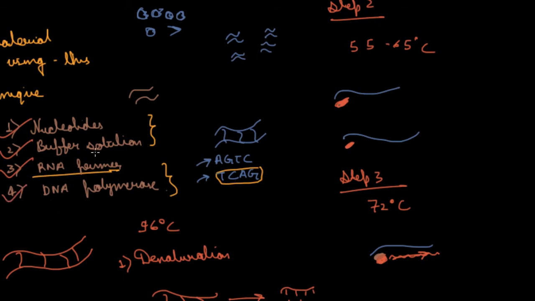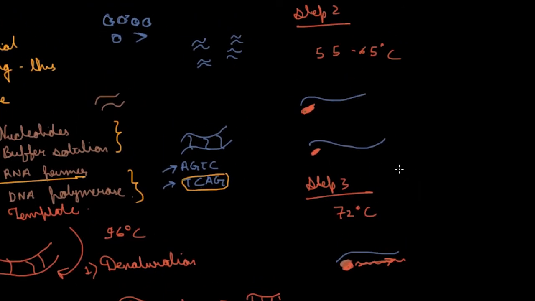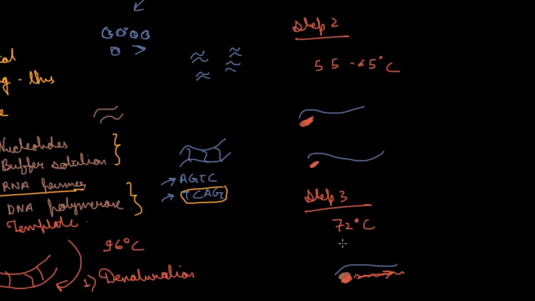And one important thing, we also require a template. Template means the DNA sample or the gene which we want to amplify. So these are the requirements for PCR, polymerase chain reaction. And one more important thing. As you can see, the temperature is 72 degrees Celsius.